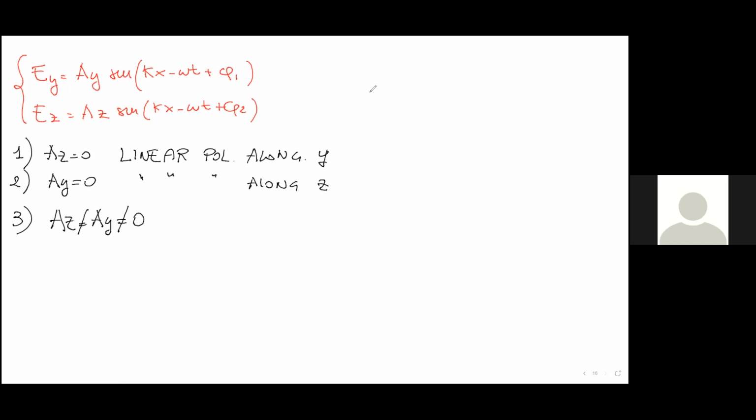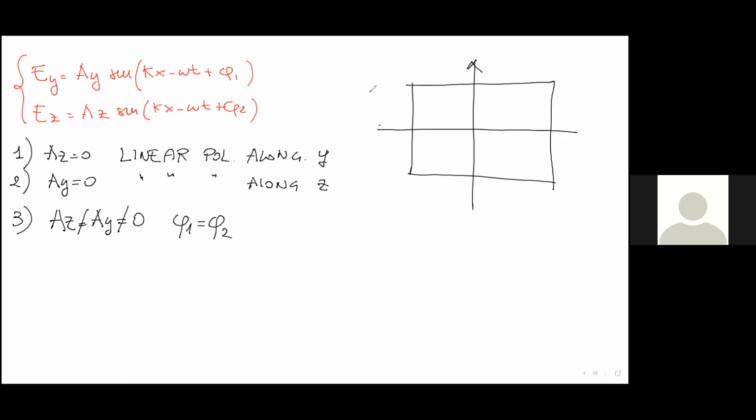Both amplitudes are different from 0, and the two phases are the same. Now, I will write it here. What does an observer see when he observes the wave that is coming towards him?